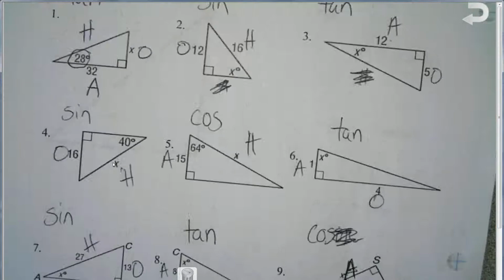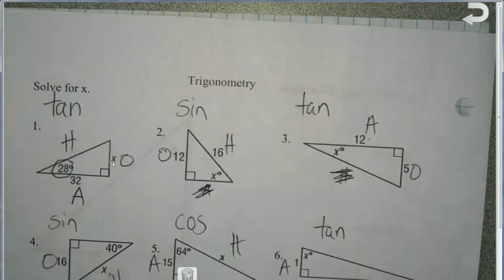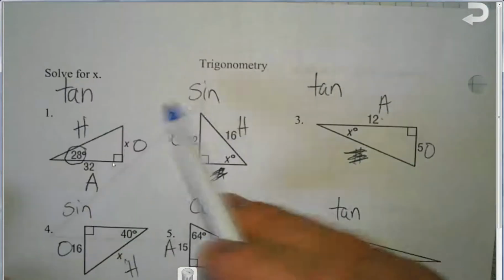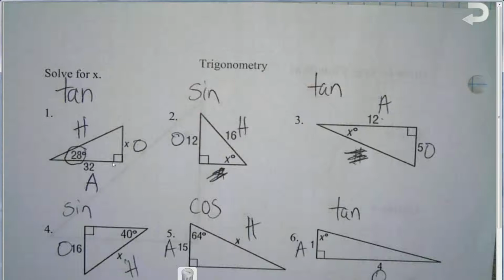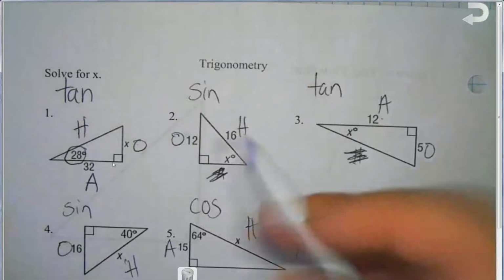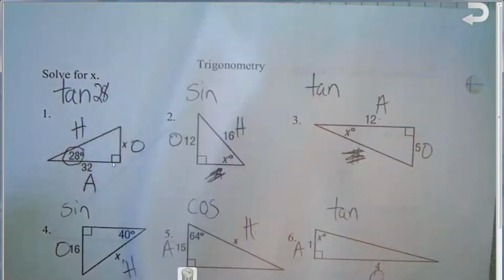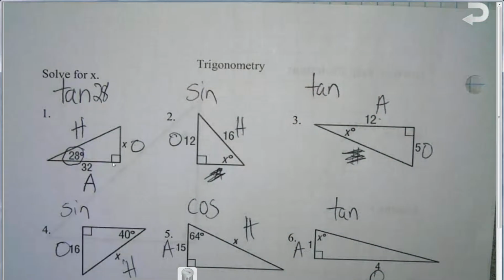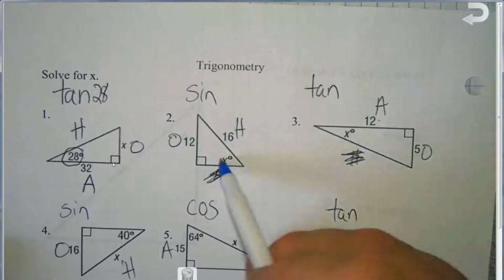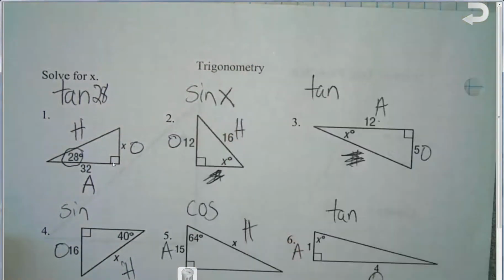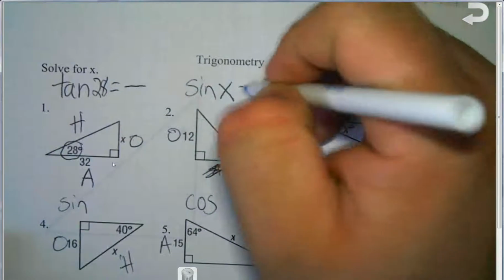Okay. So now we're going to set up the proportions. And it's as simple as, I don't want you to solve it, I don't want you to do any of that right now, I just want you to write a proportion. So the tangent of 28, so your angle always goes next. So in number 2, it's going to be the sine of x equals, and then write your fraction.